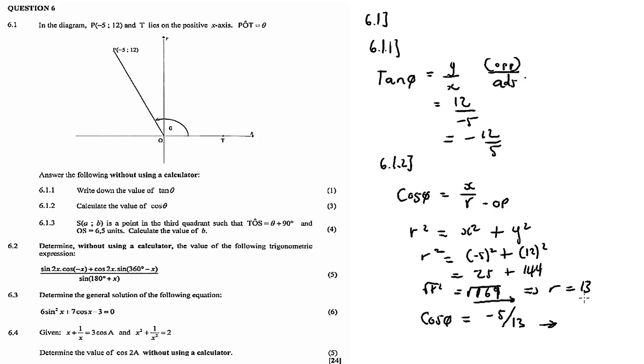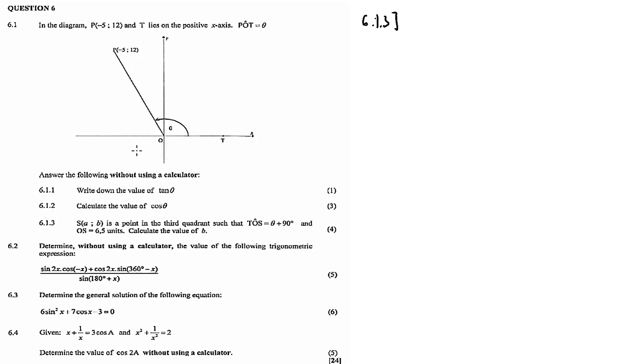6.1.3. Okay, I think I'll erase here and have a clean slate and more space. So 6.1.3. S and B is a point in the third quadrant.